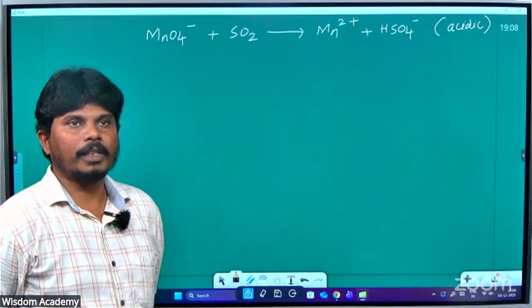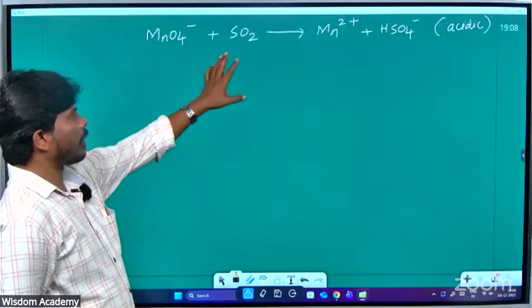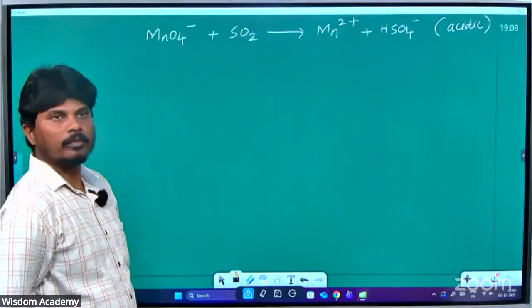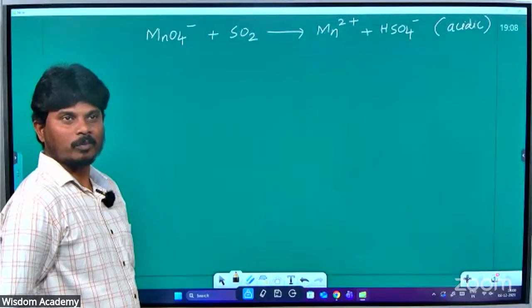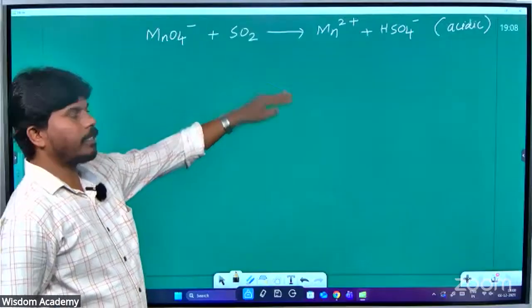Muhammad Arshad. Sir, tell me the oxidation half reaction involved. Sir, 1 minute. Shweta, what is the reduction half reaction involved in this complete reaction?